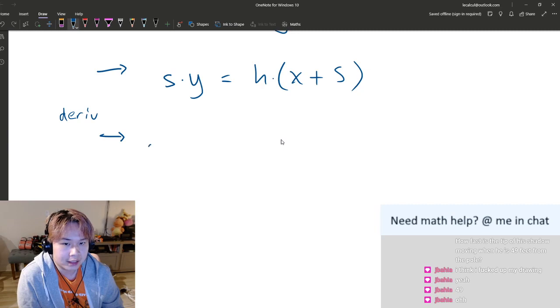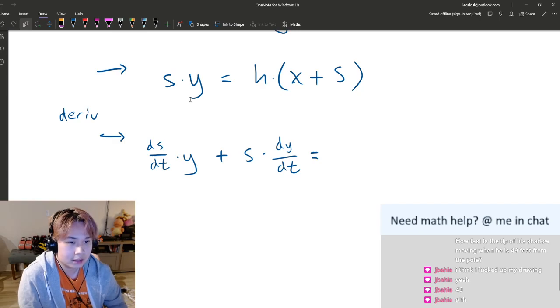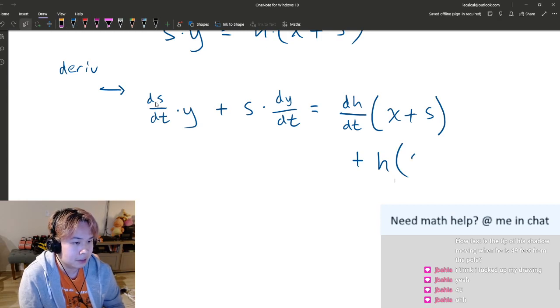So by product rule, this is the derivative of s times y plus s times the derivative of y, and then likewise over here we have a product, so the derivative of h times this, plus h times the derivative of the x plus s, which we can just take the derivative of each of these separately.